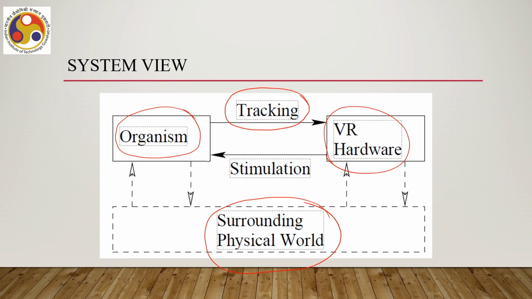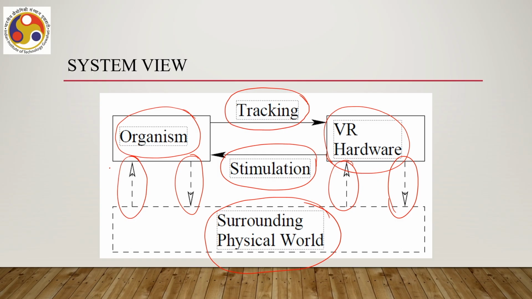Similarly, from VR hardware data flows to organism, which is labeled as stimulation. There are data flows between VR hardware and surrounding physical world as shown with these bidirectional dotted arrows. Similarly, bidirectional data flow happens between surrounding physical world and the organism as illustrated here. So, this is what we can call a complete view of a VR system rather than only one component, that is the hardware part, as shown in this schematic.